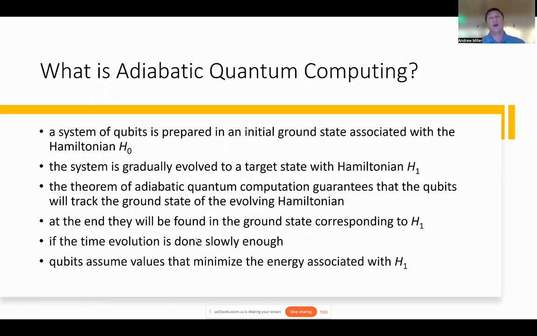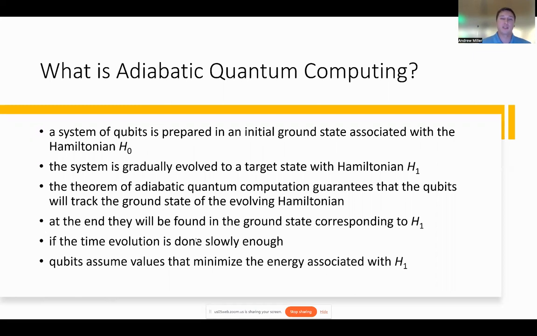All right, so a more scientific description, if you're really into math: you have a system of qubits in an initial state, and that state is described by a Hamiltonian, and then you slowly evolve that system. I'll try to explain at least how they evolve the system in the quantum machines there.